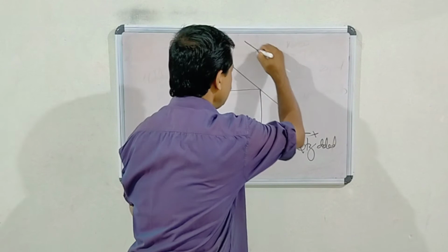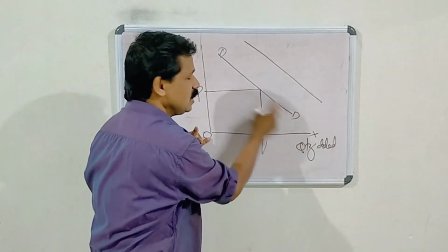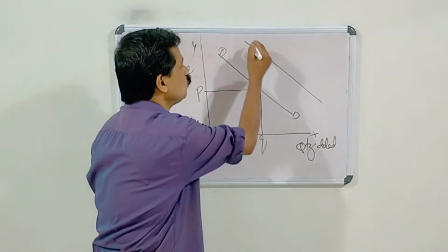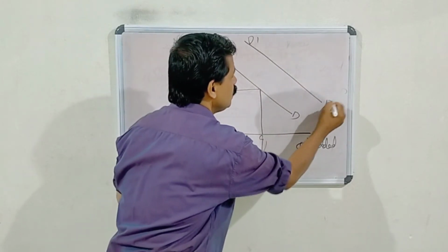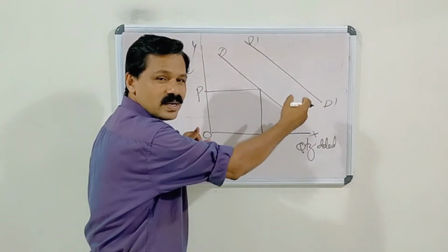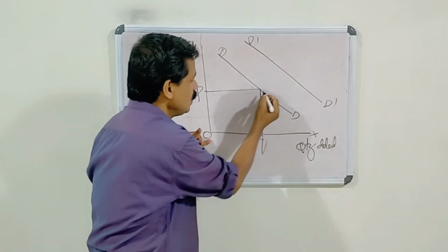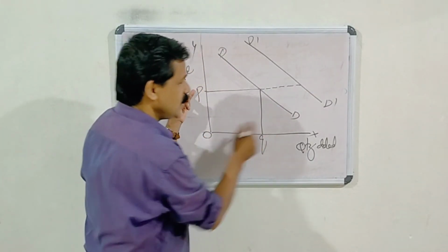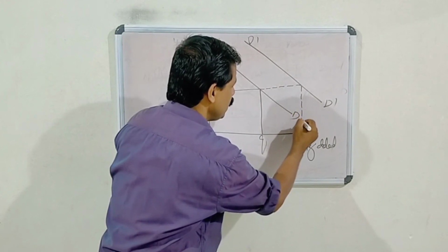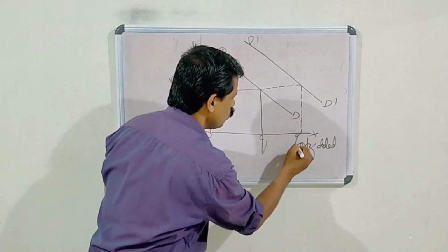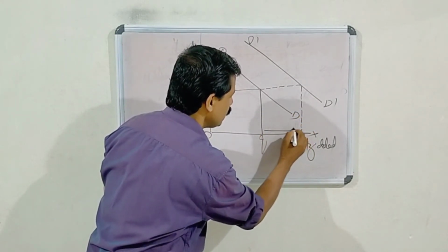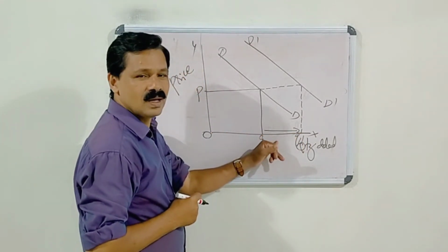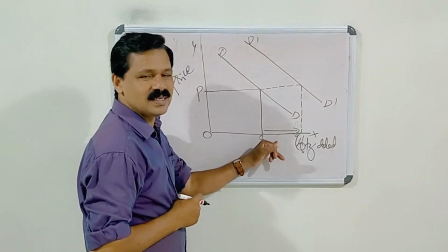The original demand curve DD will be shifted to D1D1, rightward or upward. At this very same price OP, the quantity demanded will be increased from OQ to OQ1. This much incremental change in the quantity demanded can be seen.